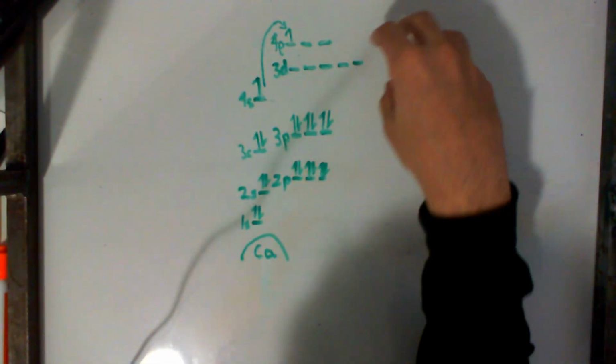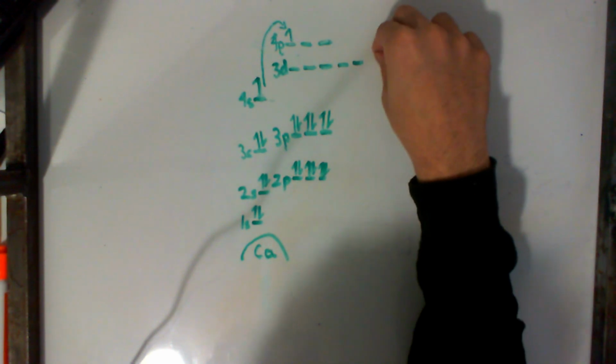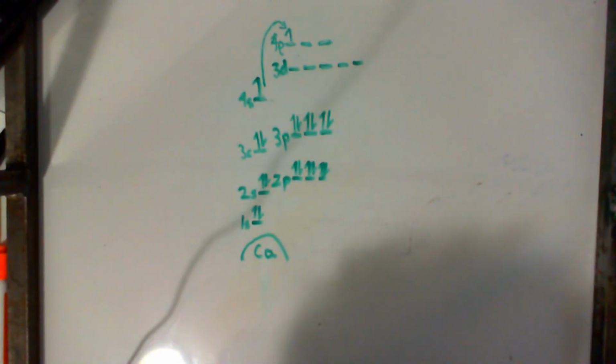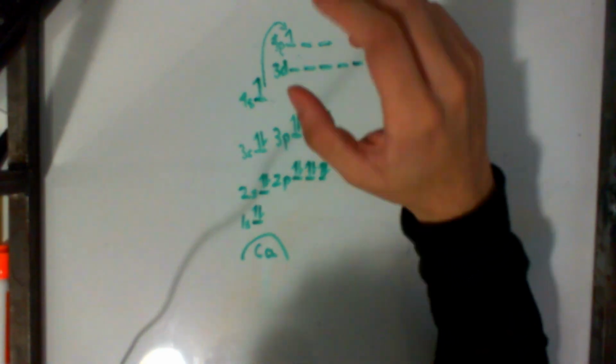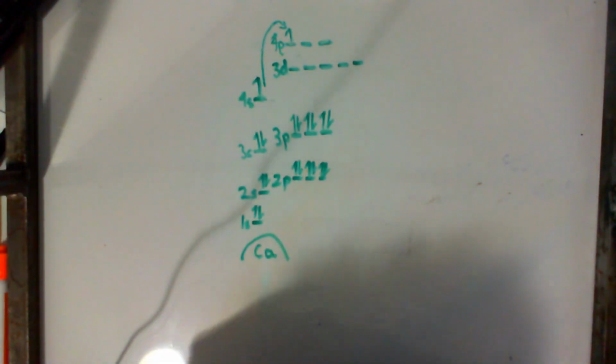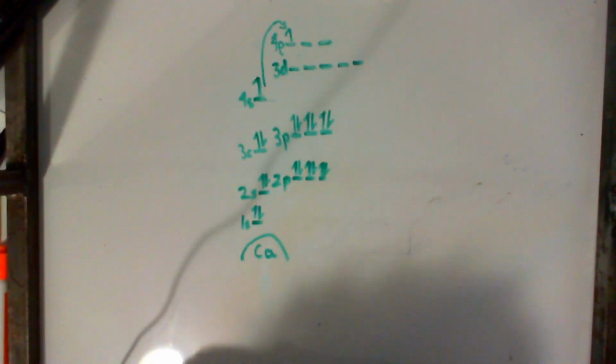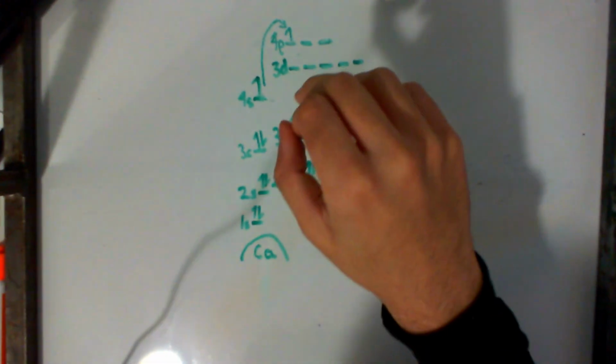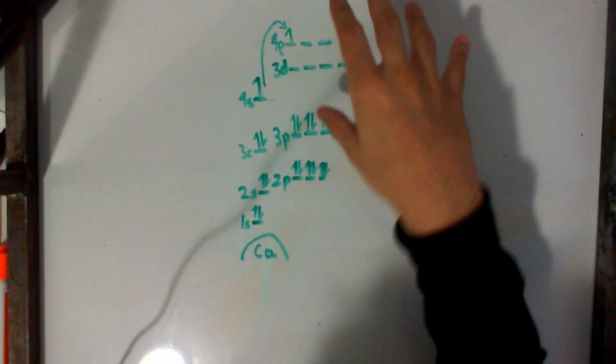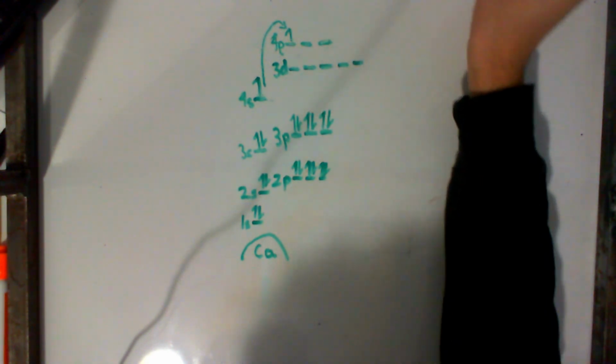There's enough energy for it to go above the 3d orbital up to the 4p orbital. And you must remember that since orbitals are quantized, you can't be in between two orbitals. There has to be enough energy to cross the gap due to the quantized orbital levels. This is called excitation. The atom is excited, so the electron ascends orbitals.